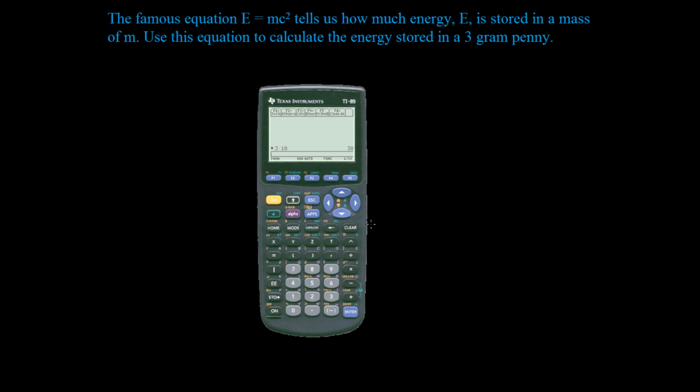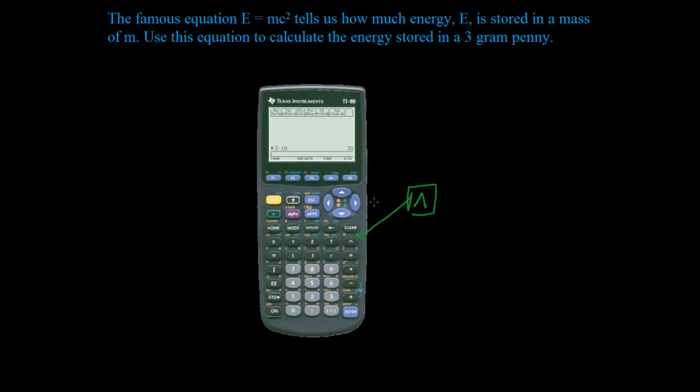Some students may have different calculators, and the big difference for a lot of the calculators is what key they use to raise something to the power. I refer to this as the caret in class, and a lot of the Texas Instruments calculators use this key.